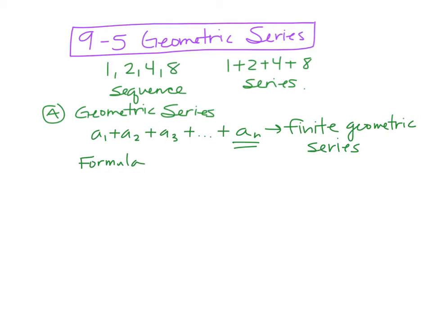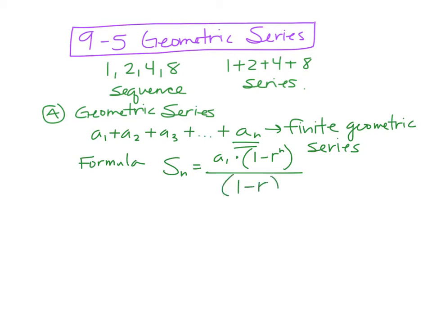So the formula that we're going to use for a finite geometric series looks like this. It's the sum of some number of terms will be A sub 1 times, and then I would do all these parentheses every time, and then you can just plug it straight into your calculator. If you don't do the right parentheses, then you need to break it down piece by piece. So just put all the parentheses in, and you can plug it in exactly how you see it.